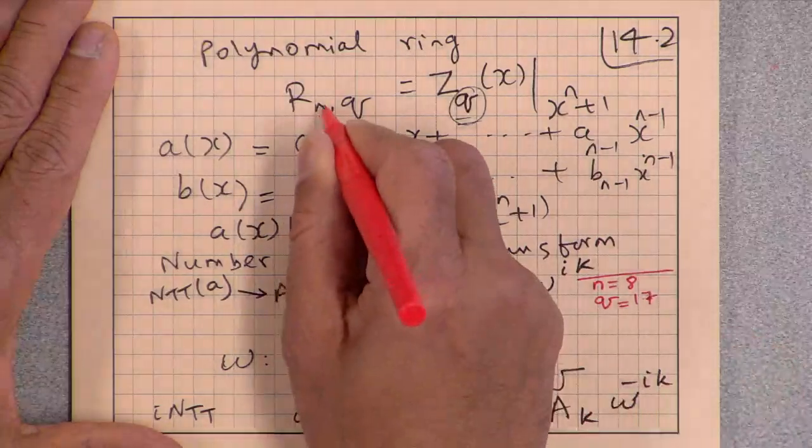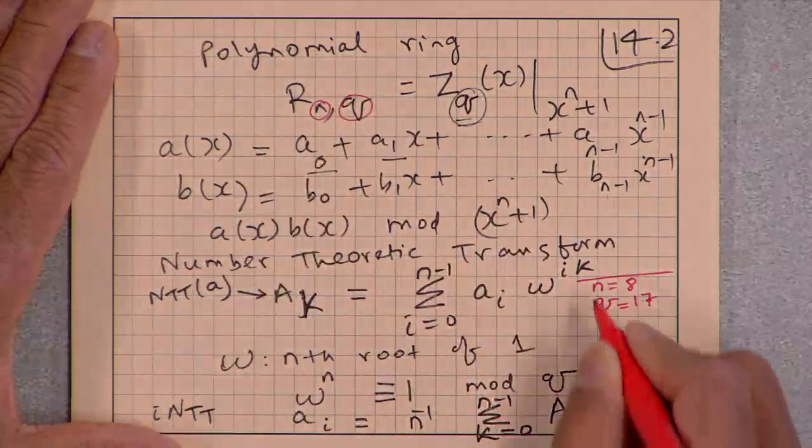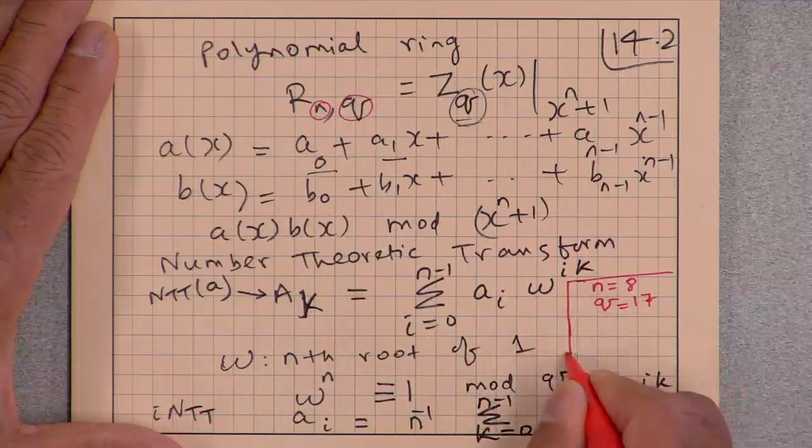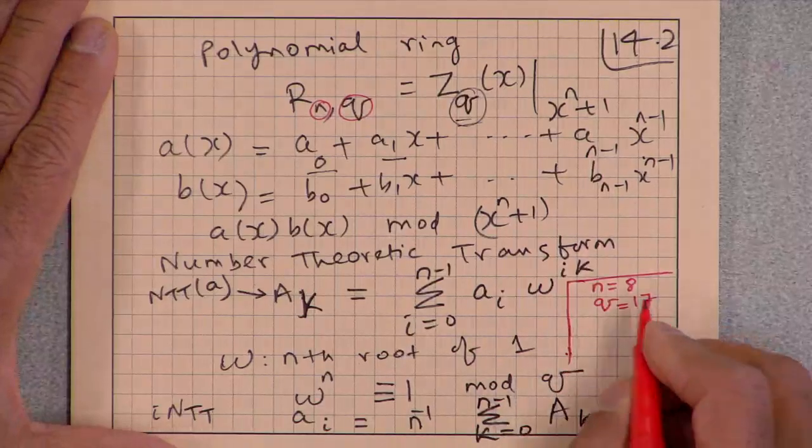If I choose this n and q to be these numbers, what would be omega?